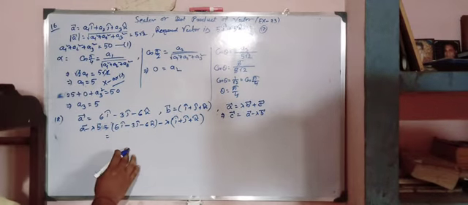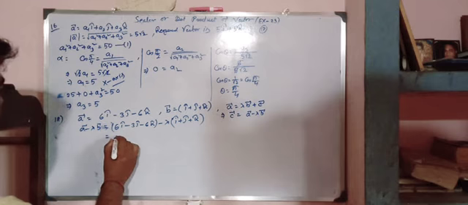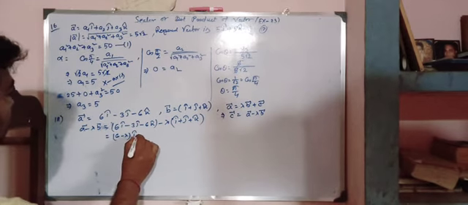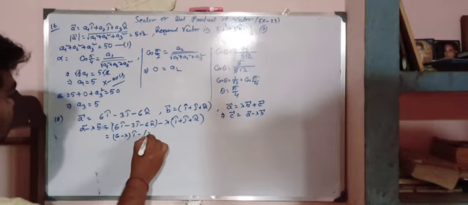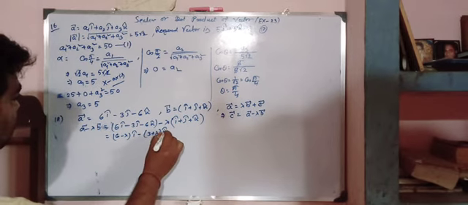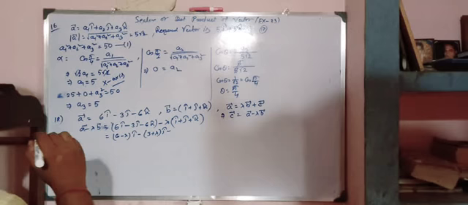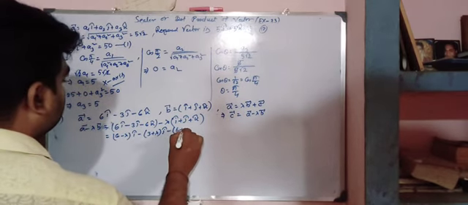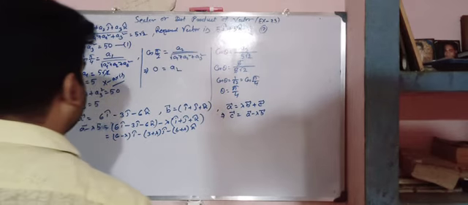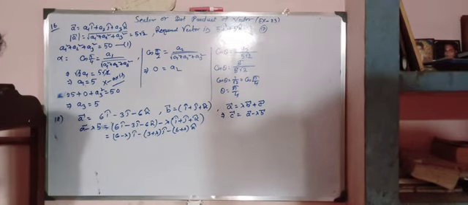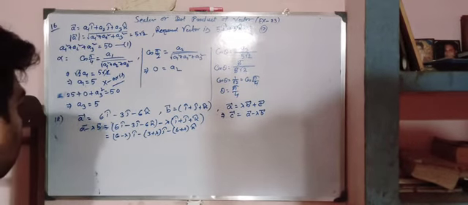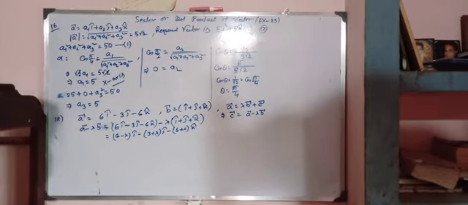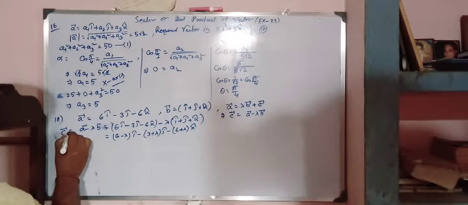Okay, so that's implying 6 minus lambda i cap, minus 3 plus lambda j cap, minus 6 plus lambda k cap. That is the C vector.